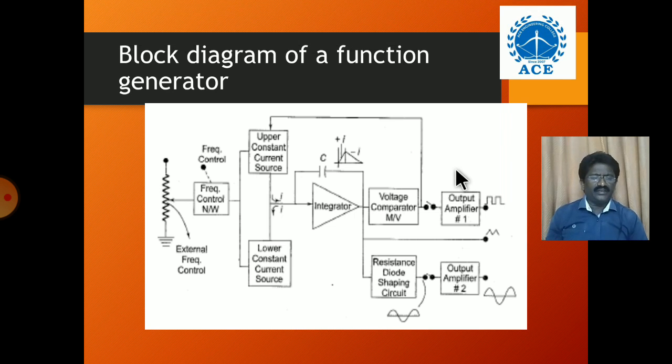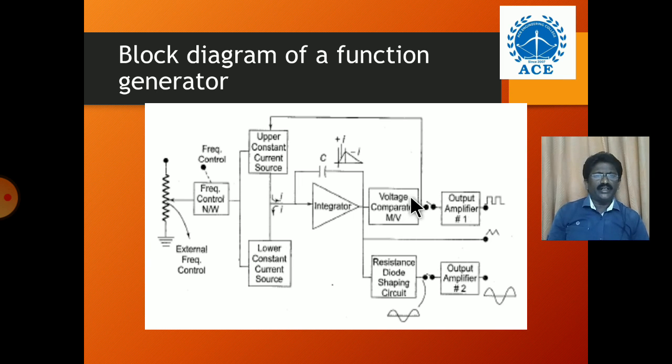Here the frequency is controlled by varying the upper and lower currents. An increase or decrease in the current will increase or decrease the slope of the output voltage, hence controlling the frequency. The voltage comparator changes state at a predetermined maximum and minimum level of the integrator output voltage.